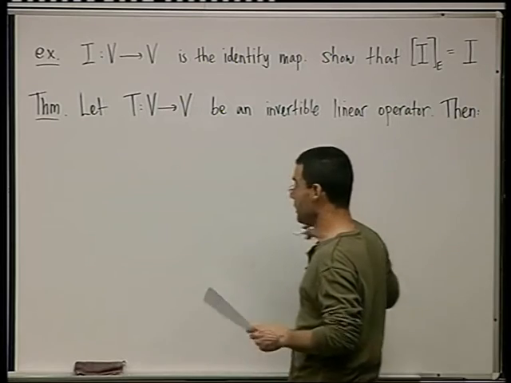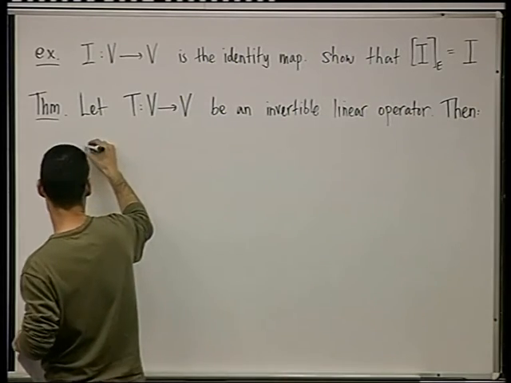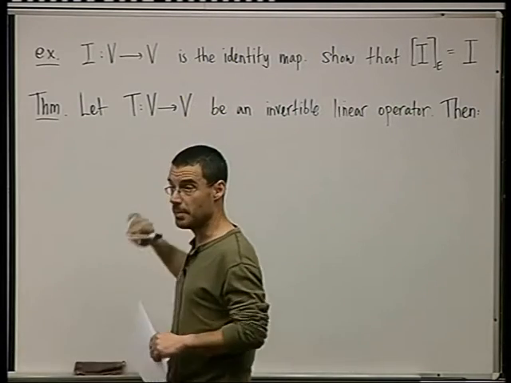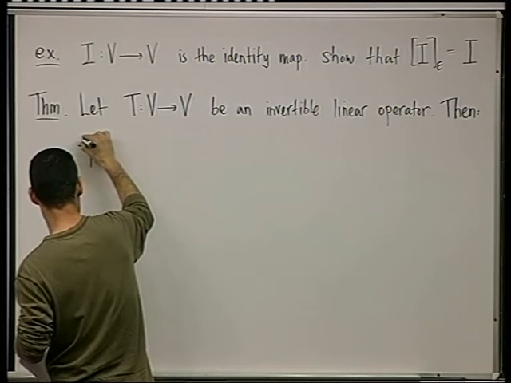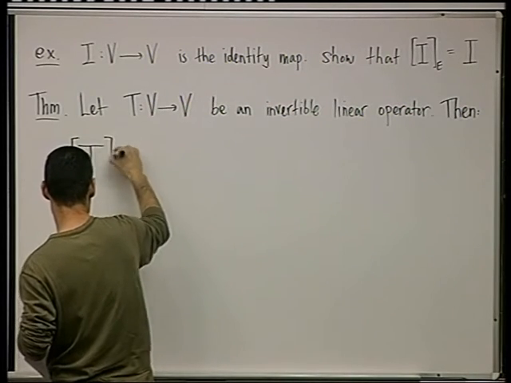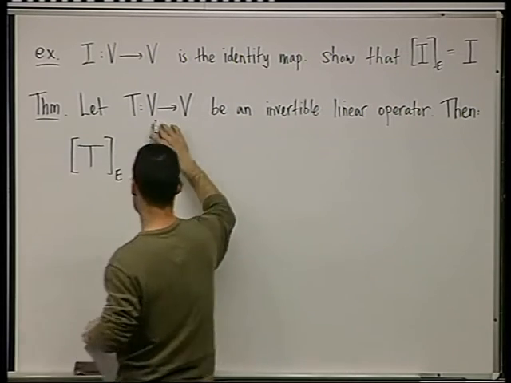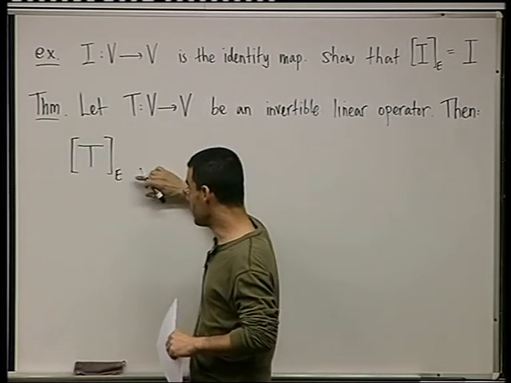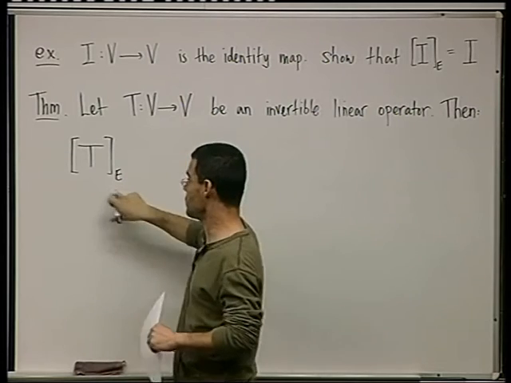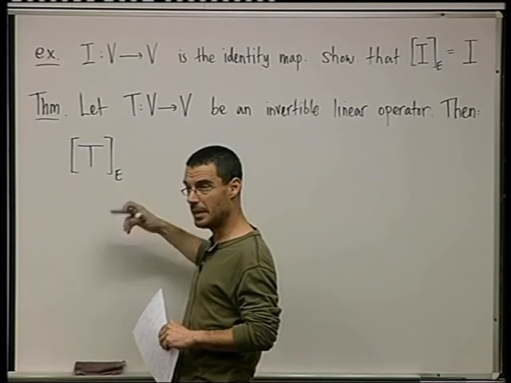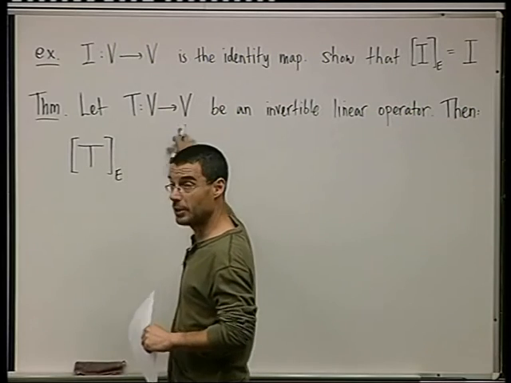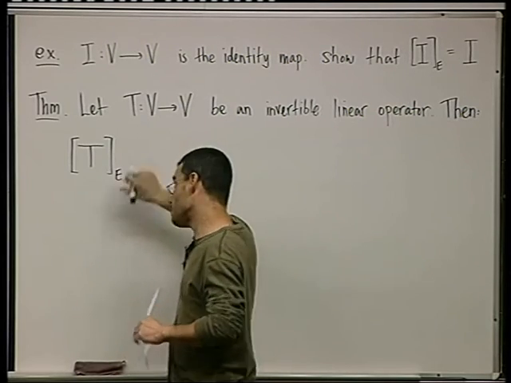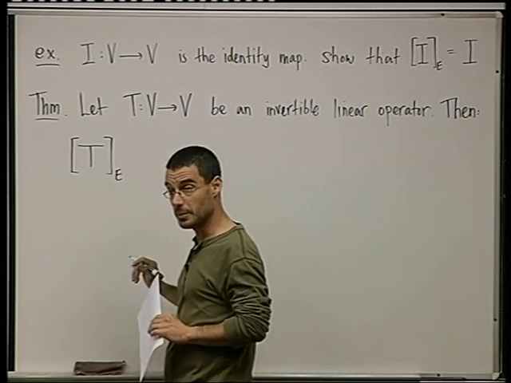What is the statement? Suppose E is a basis for V, then the matrix representation with respect to that basis. Remember that when it's the same E, we just write T sub E. Remember we did that before we discussed T E F. We started out with linear operators, and then we said we just write it as T sub E when it's the same space.